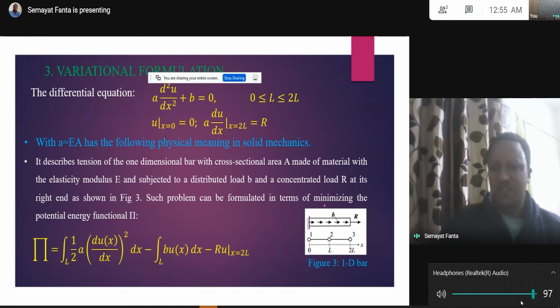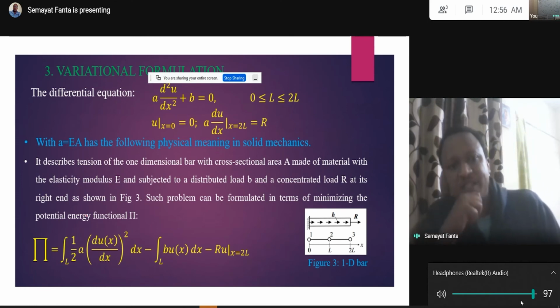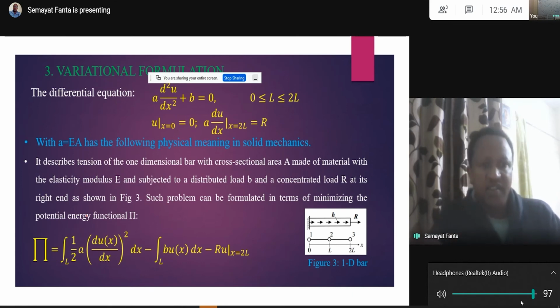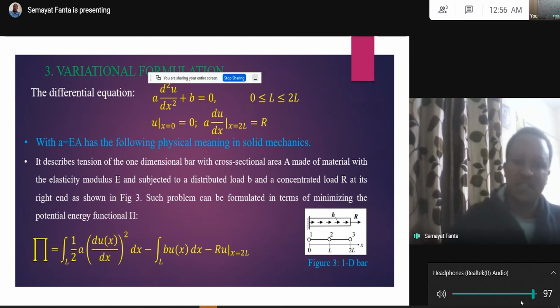With EA following the physical solid mechanics, it describes the tension of a one-dimensional bar with cross-sectional area A and elastic modulus E, subjected to a distributed load b and a concentrated load R at the free end of the axial bar.